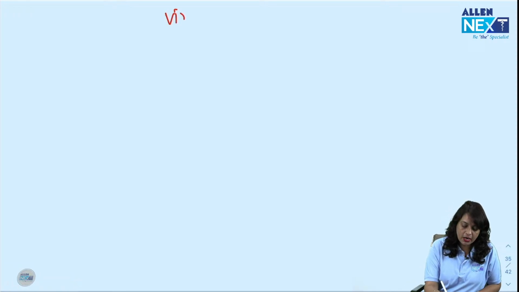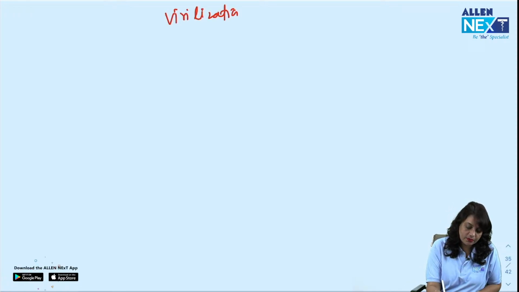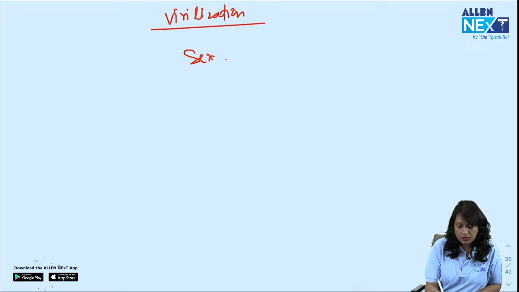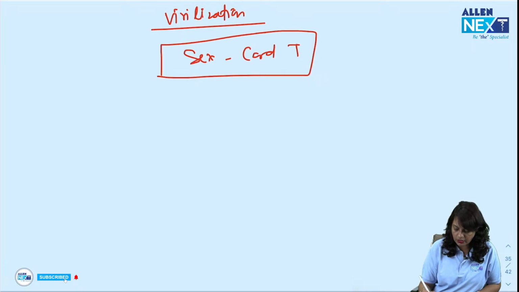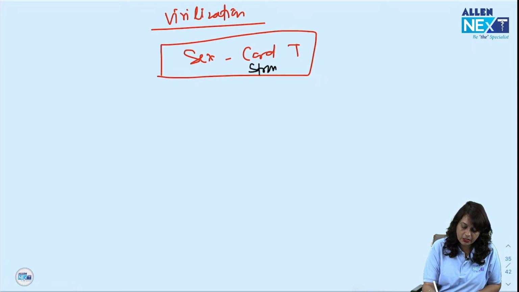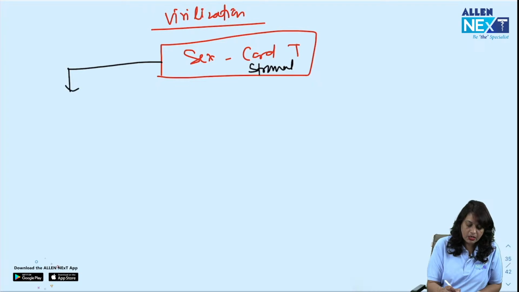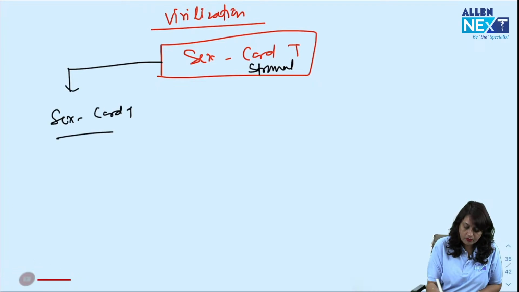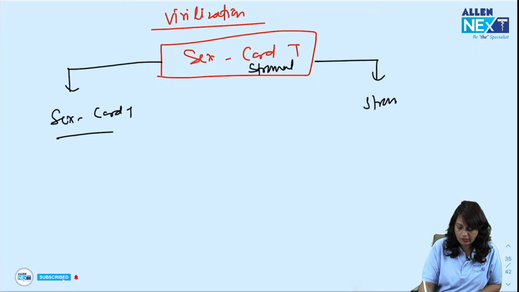Now, what do you understand by the term virilization? First of all, the correct term is sex cord stromal tumors. It can be the sex cord tumors, or it can be stromal tumors.